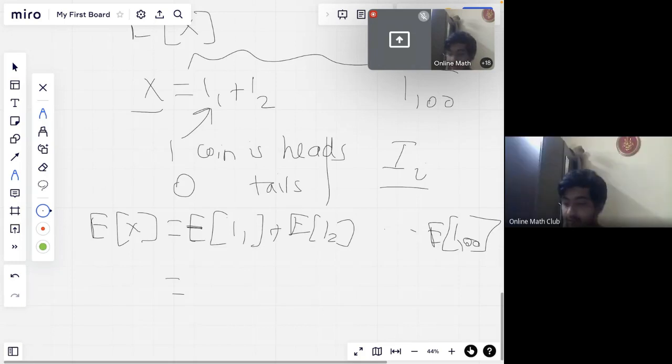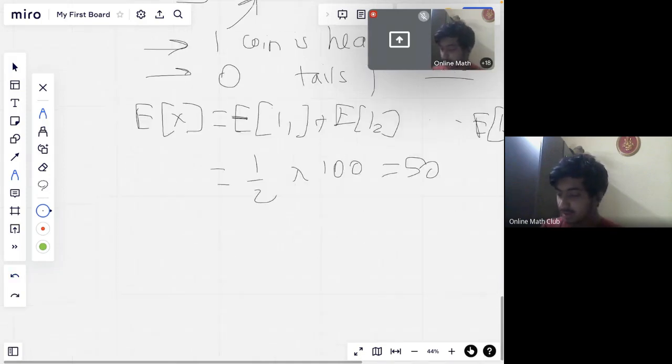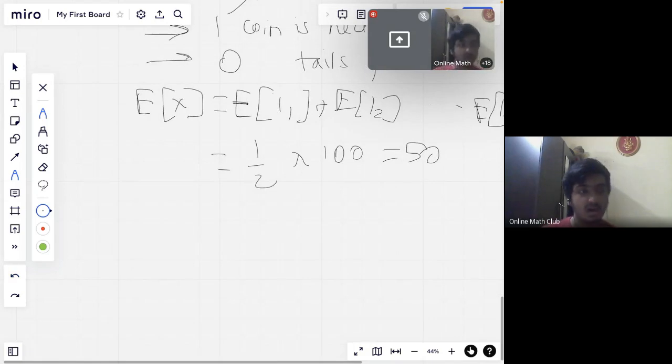Half, because it's 1 half the time and 0 half the time. So it's just half times 100, and that's 50. If you know linearity of expectation, it takes about 10 seconds to solve this way. Is this clear for everybody? We will do a bunch of examples until this becomes more clear. Don't worry about it.